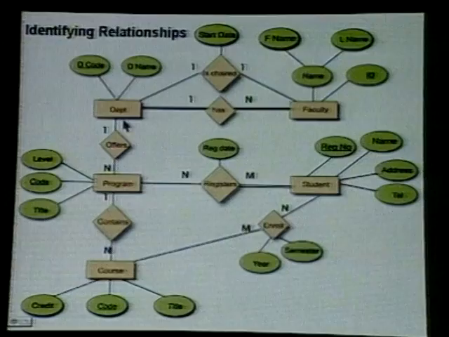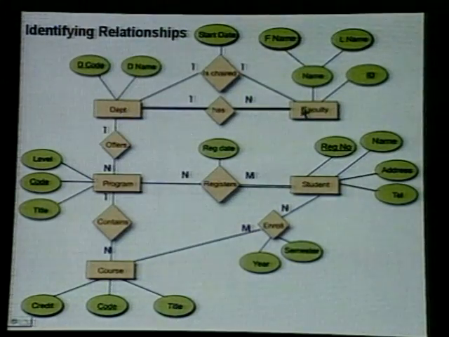Once we have identified the attributes, now we have to look at how these entities are related to each other. That means we have to identify the relationship between different entities. Some of the relationships in our example are shown in this diagram. Department is related with faculty.